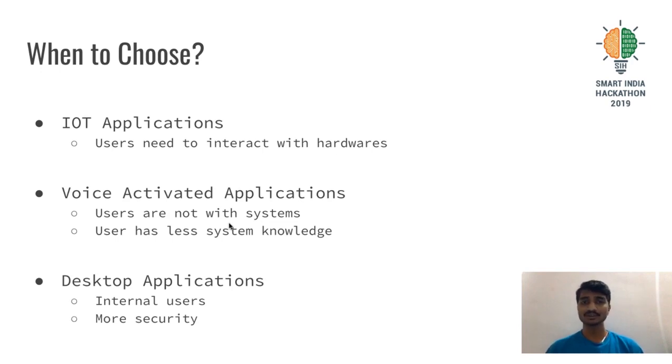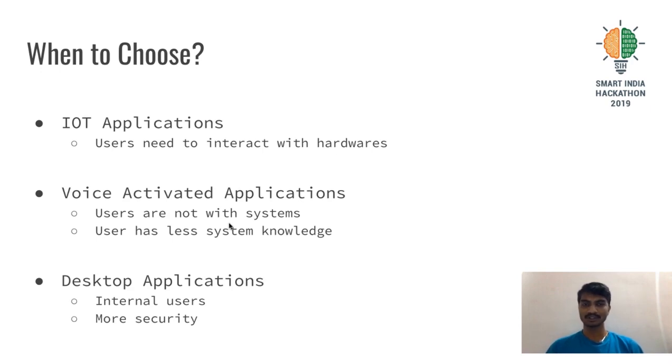In those kinds of situations, it's better to go for voice activated applications. We can make use of Alexa or other voice activated providers to create these kinds of applications. It will be very helpful, and the user is not needed to be with the systems always.